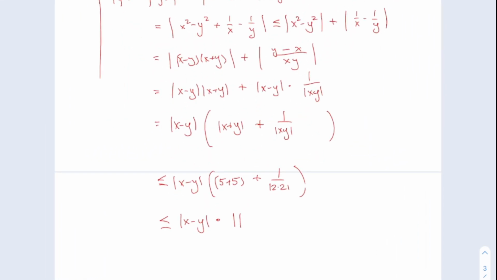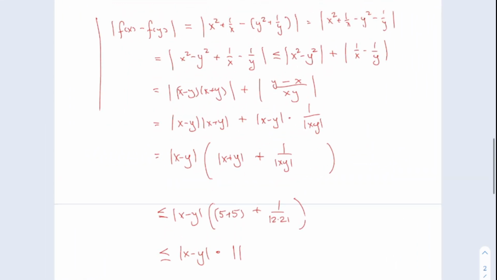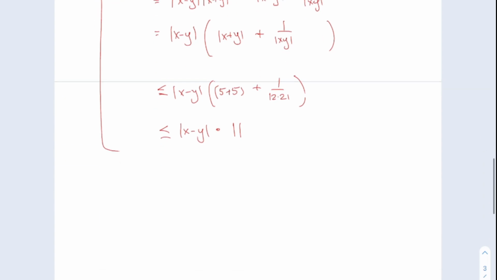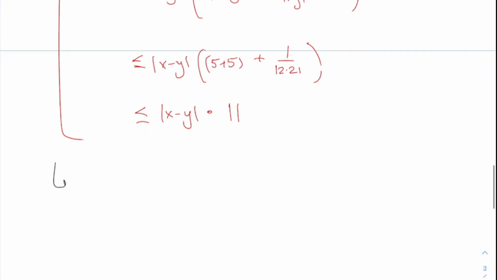Now, this was a little tricky. It involves a lot of simple inequality type tricks, all right? But anyway, I am ready to conclude the proof. What do I choose for the delta? Epsilon over 11, right?